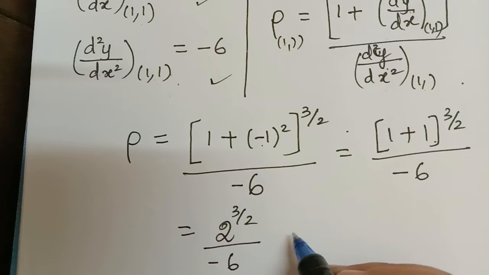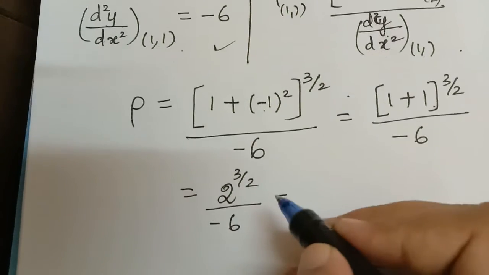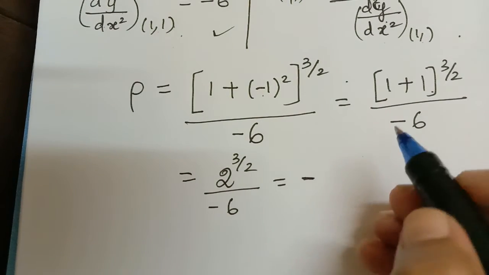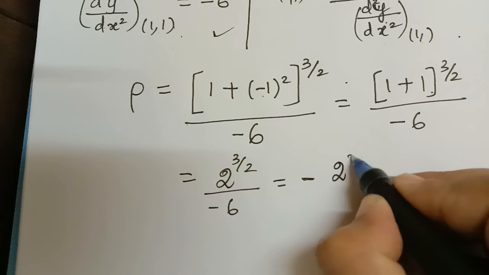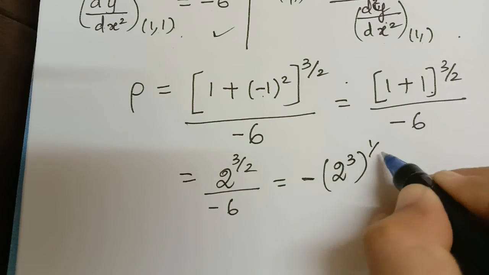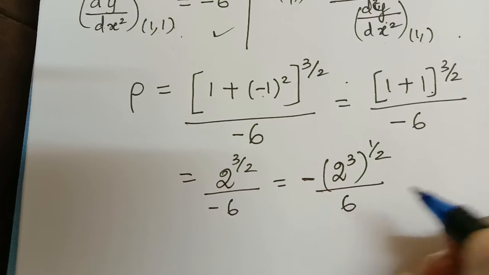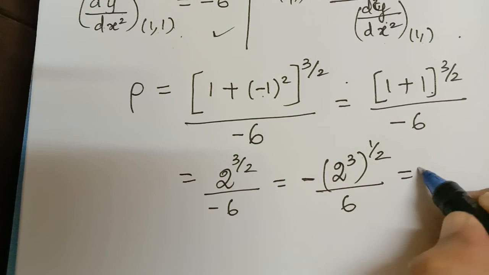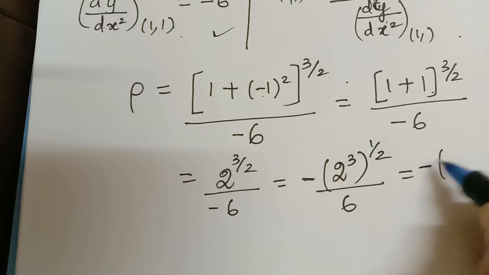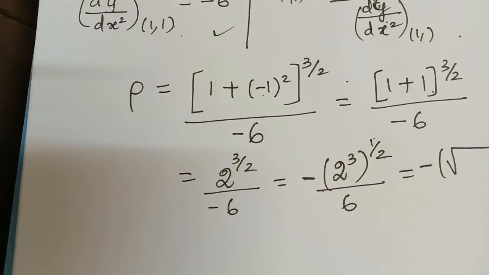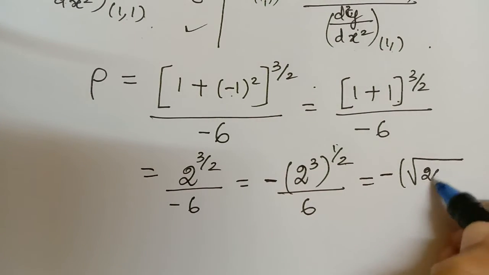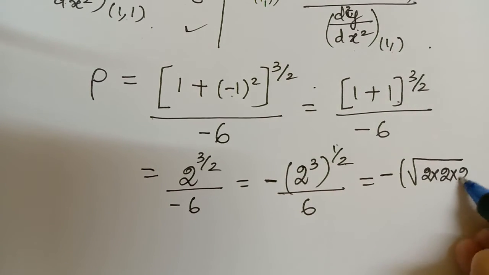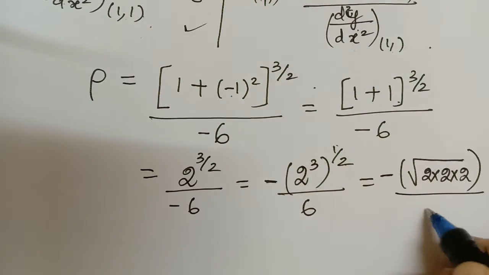And so that is equal to, now this negative sign we will write in the front. Now 2 power 3 by 2 can actually be written as (2 cube) the whole power 1 by 2, divided by 6. But what is this, minus of 2 power 1 by 2? It is square root of. So it is square root of 2 cube, that is 2 multiplied with 2 multiplied with 2, divided by 6.